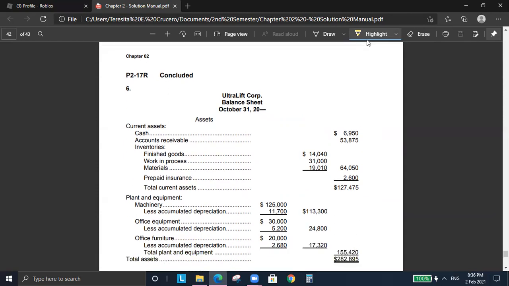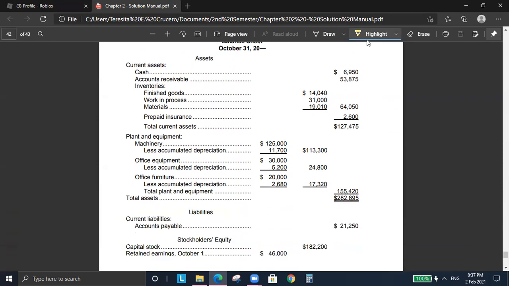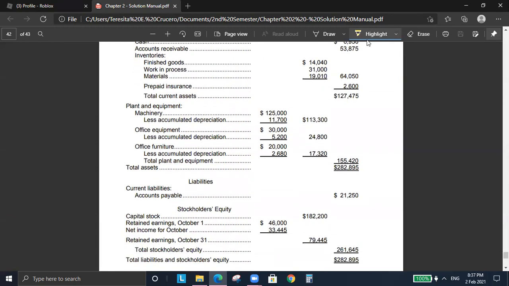And the office furniture less accumulated depreciation. So finally, we have the net fixed assets, total assets of 282,895. Then for liabilities, we have the current liabilities, including accounts payable.